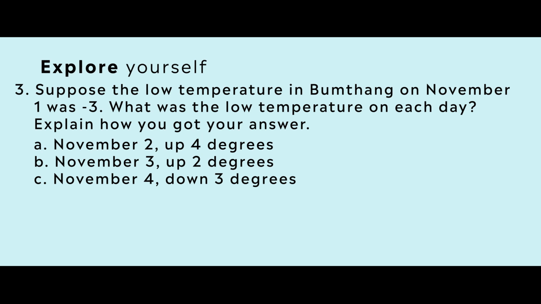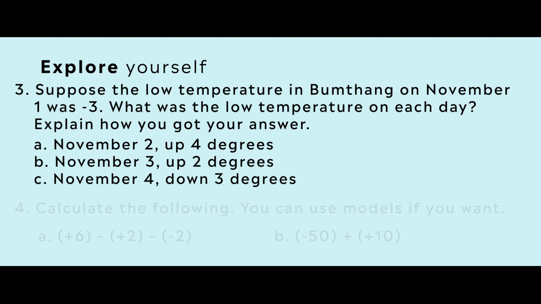What was the low temperature on each day? Explain how you got your answer. A. November 2, up 4 degrees. B. November 3, up 2 degrees. C. November 4, down 3 degrees.